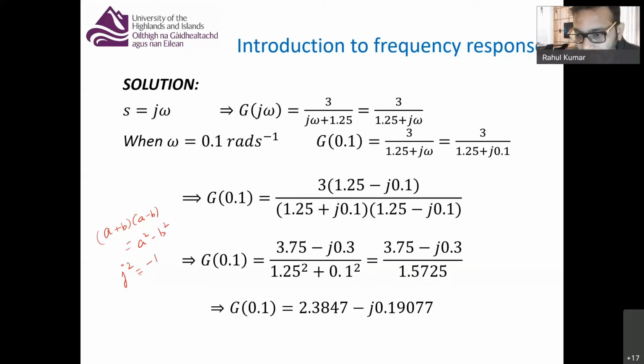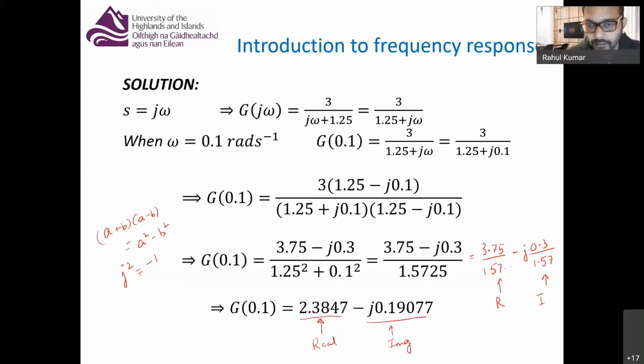So this equation you can write as 3.75 divided by 1.5725, whatever, and minus j 0.3 divided by 1.5725. Like this, we can separate out the real part and the imaginary part. If you solve them, you'll end up getting a complex number with a real part and an imaginary part, like this.